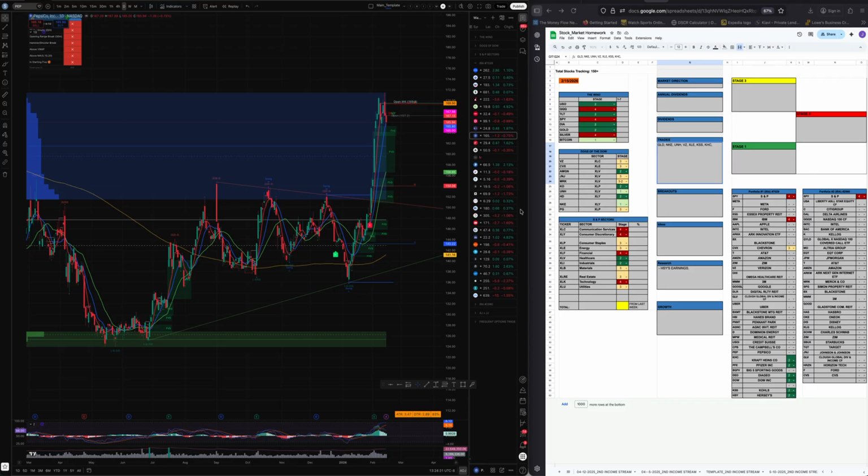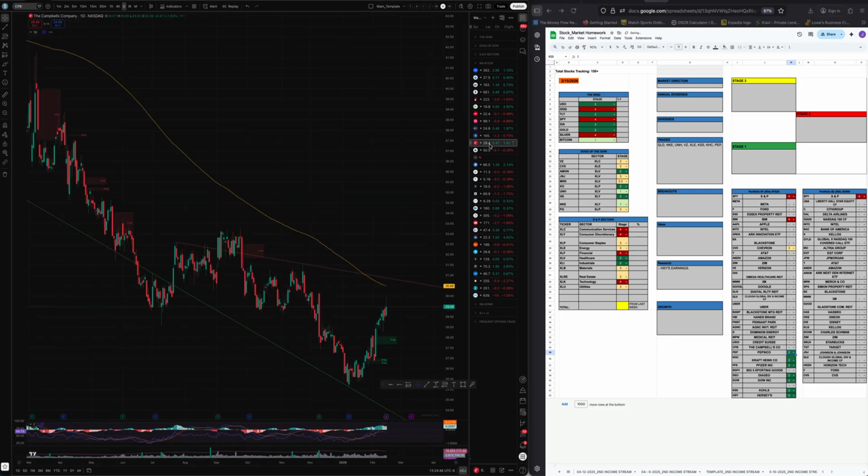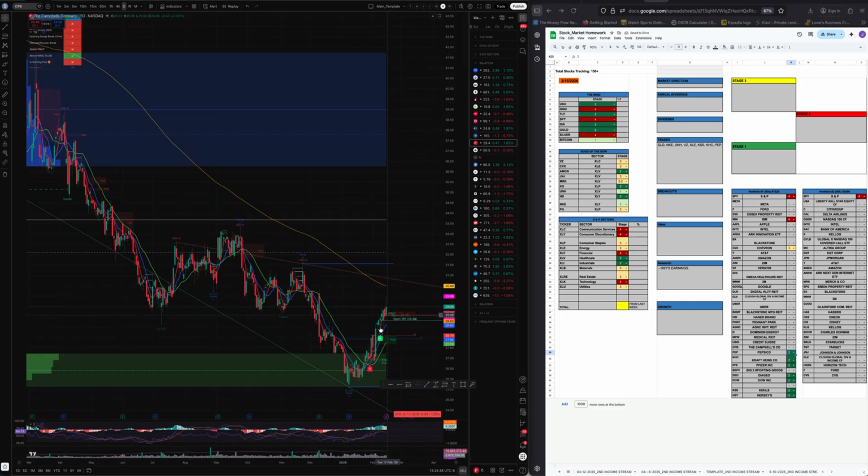And that's all consumer staples too. So I'm gonna see. I'm gonna look at the option price, option contracts. This is Campbell. Campbell's a two.